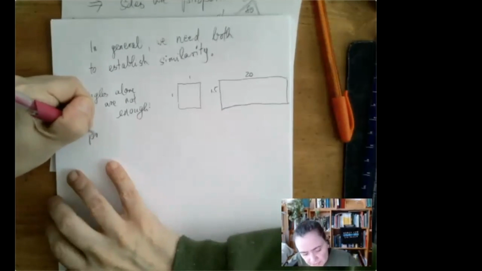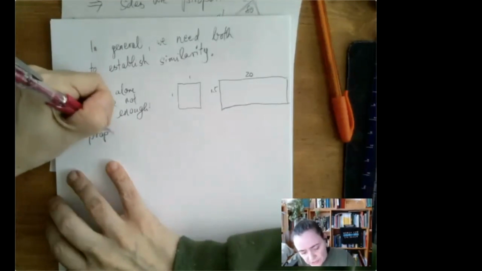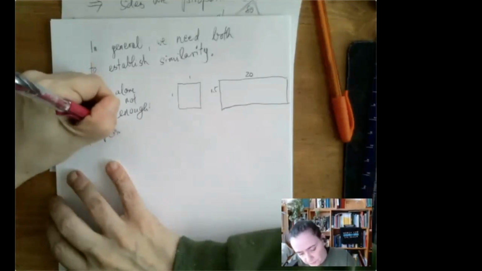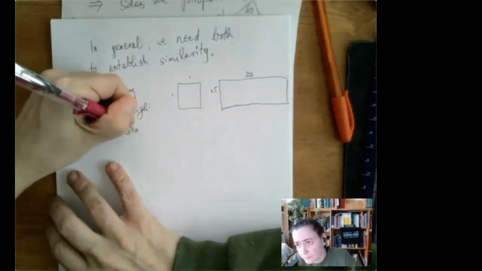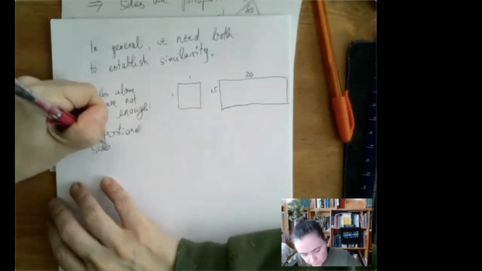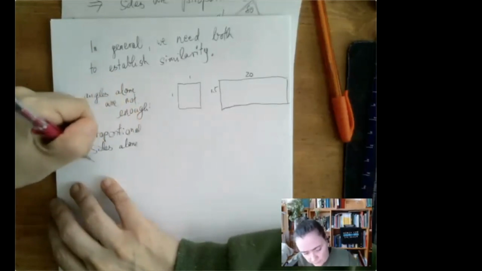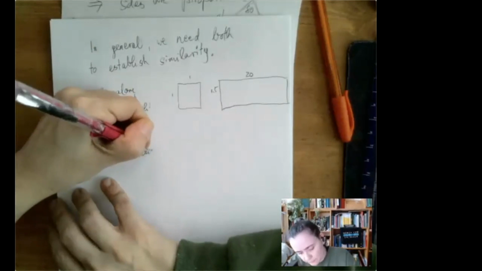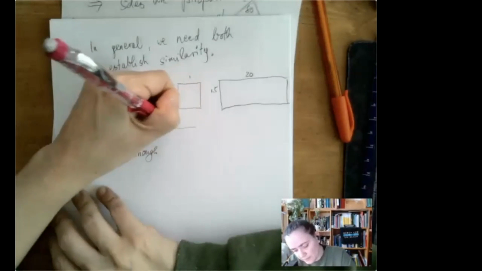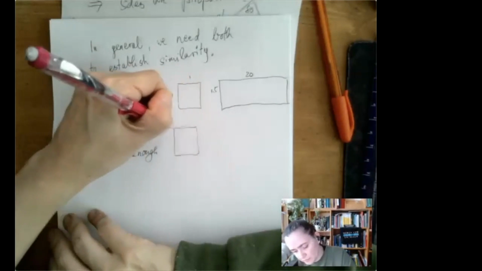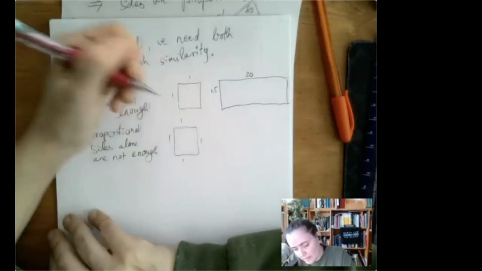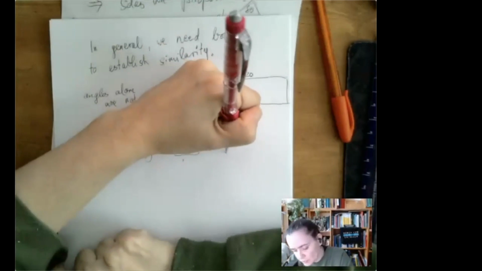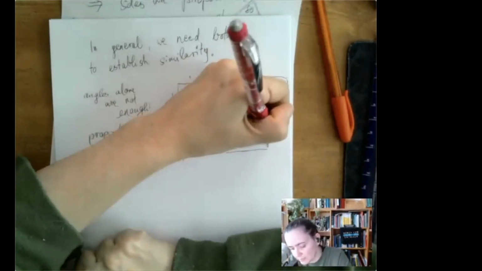And proportional sides alone are not enough. We can start again with the square 1, 1, 1. And now let's double each side, but also kind of slap it around a little bit.